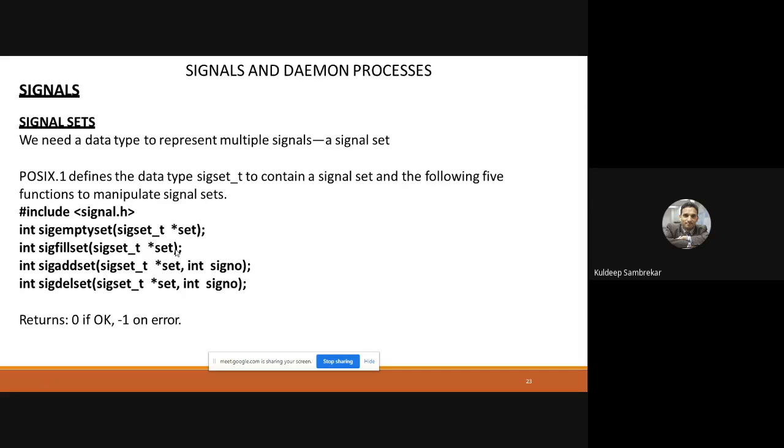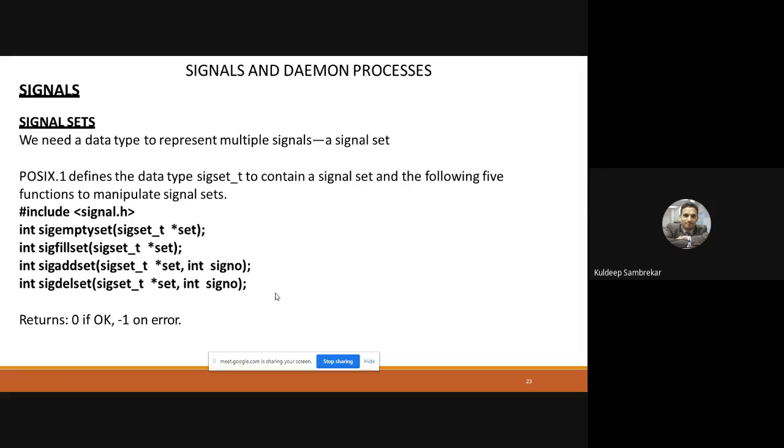And there is sigaddset, which adds a single signal to an existing set. The existing set has 4 or 5 signals, and it adds one more signal, specified by the signal number.